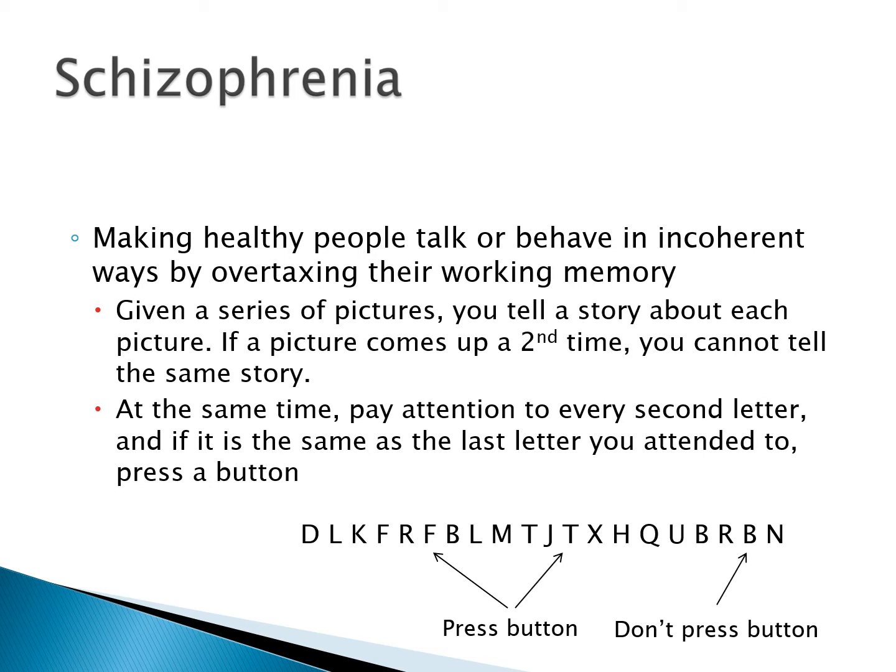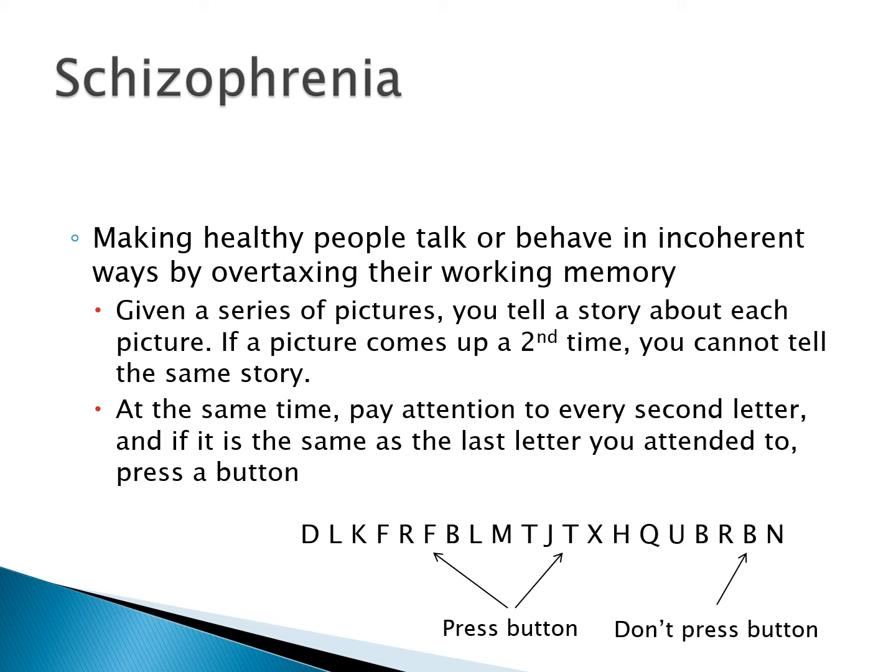Okay, so that's a hard enough task, but that's not what the researchers were interested in, how well you do at that task. Remember, as you're doing that task, which already sounds hard on its own, you're telling stories about a series of pictures. If people are telling a story about a new picture, it's okay. They're not doing a great job.